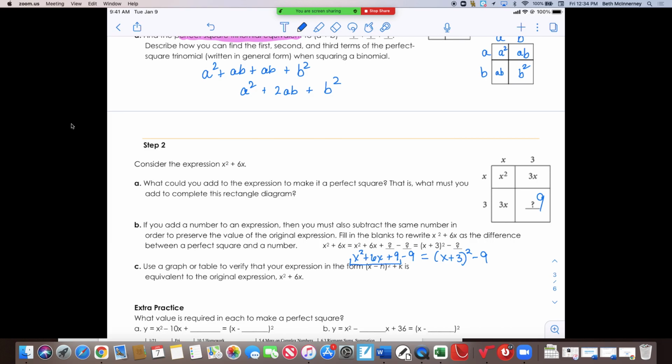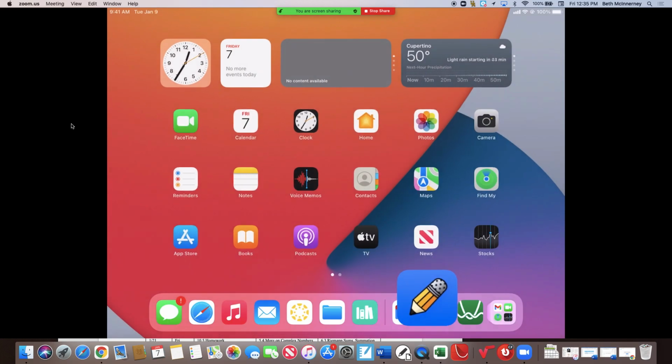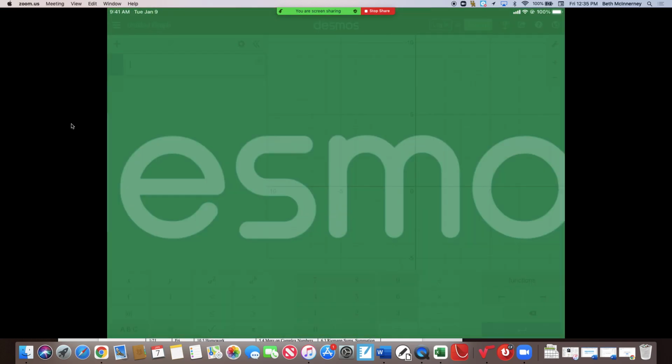All right, so now I want you to watch me. I'm going to pull up my Desmos, and I'm going to put both of these in here. I'm going to put x squared plus 6x in, and I'm going to put x plus 3, the quantity squared, minus 9, and I'm going to show you they're the same. It's actually the same graph. So let me go to my Desmos. Here we go.